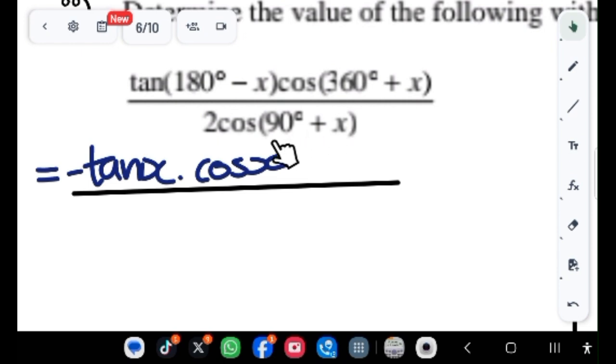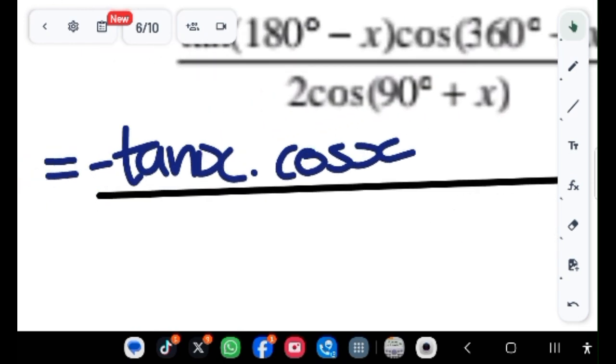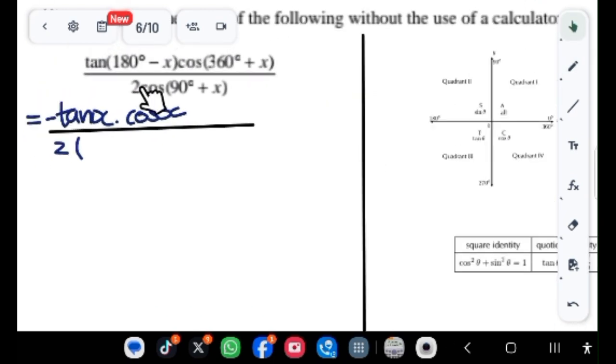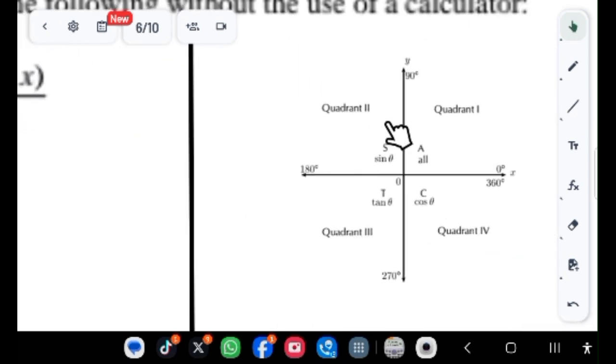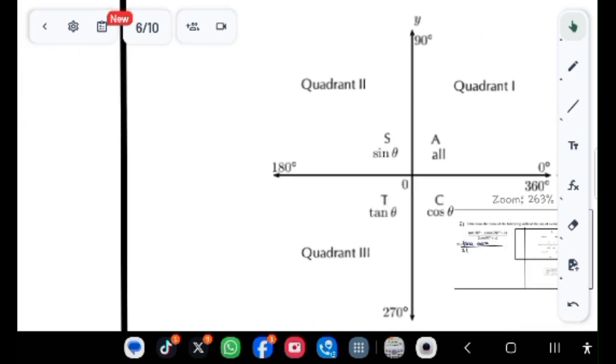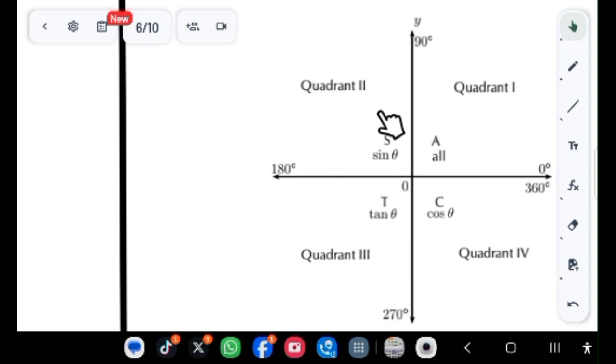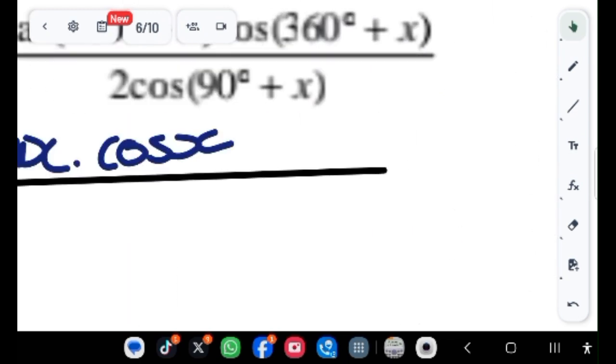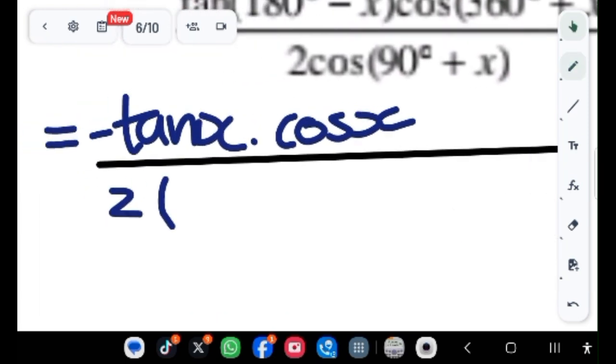This will change into a cofunction, so that will be 2 times, let's put that in brackets, cos of 90 degrees plus x lands us in the second quadrant where cos originally is negative, so meaning that the cofunction it changes into, which is sine, will also be negative, so that will be minus sine of x.